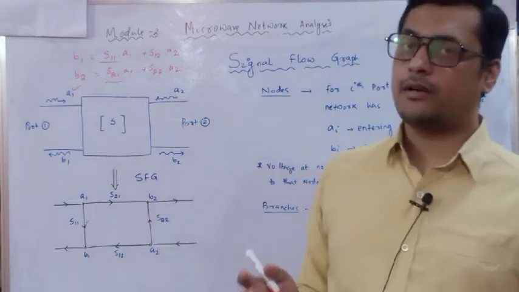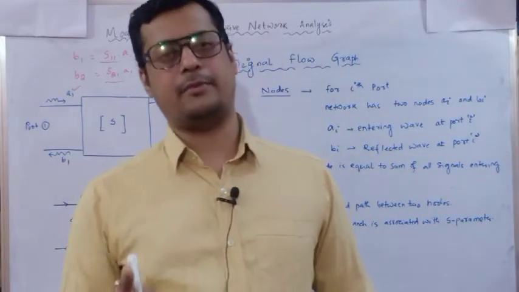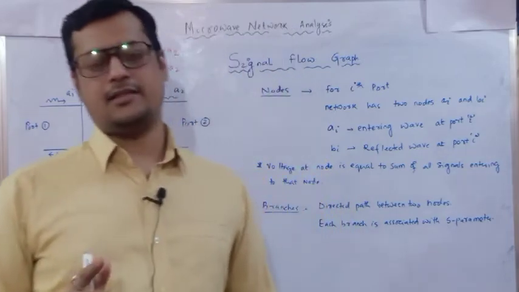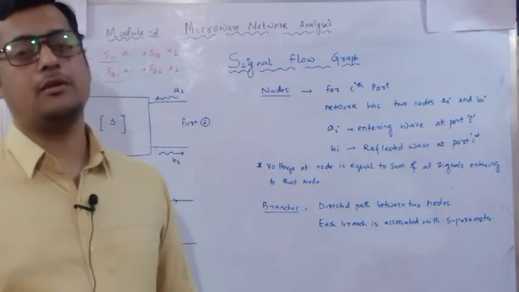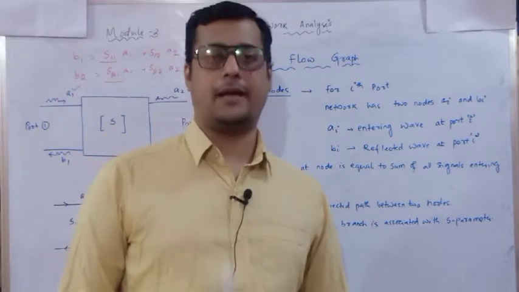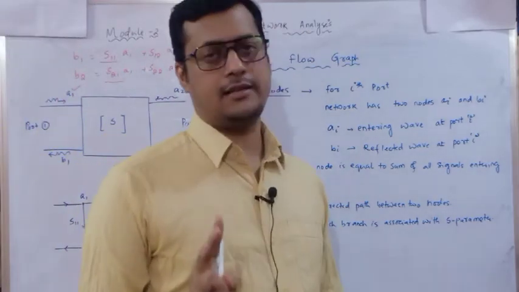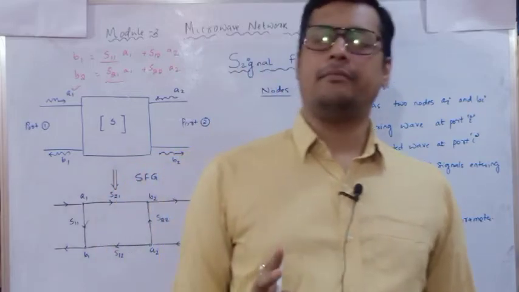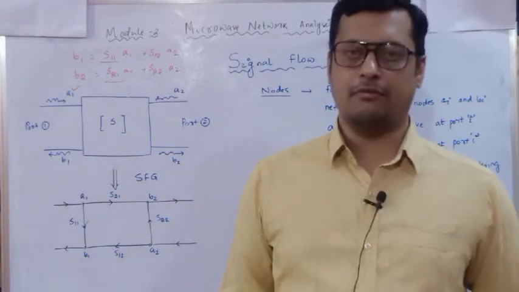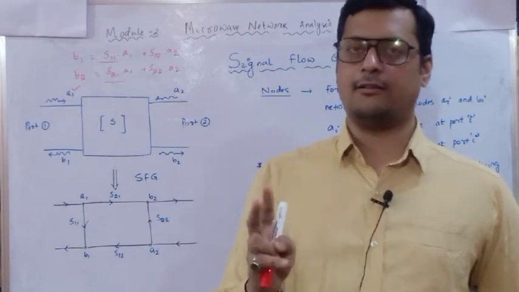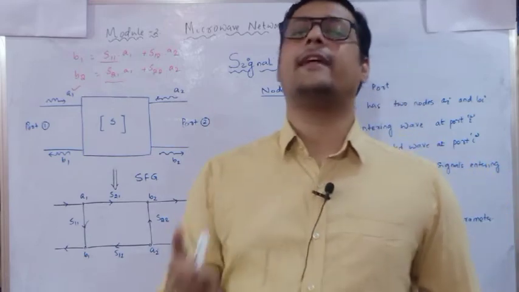In signal flow graph, two important factors will come into picture. One is the branch and one is the node. But how to identify the nodes and how to identify the branches? Remember these two things. If a particular device needs to be represented in a signal flow graph, the nodes are nothing but the normalized potential.